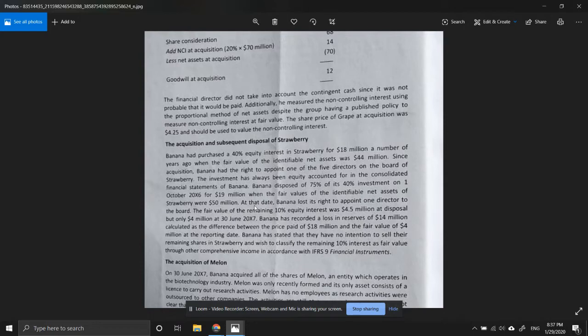At that date, Banana lost its right to appoint one director, and then the fair value of the remaining 10%, okay, so it was 40%, out of which 30% is sold, which is 75%. The equity interest was 4.5 million at disposal, but only 4 million at 30th June 20x7.